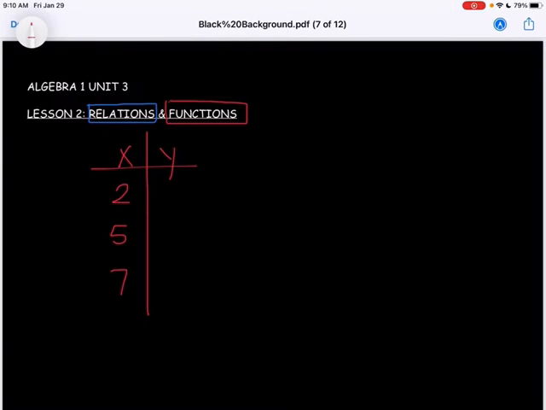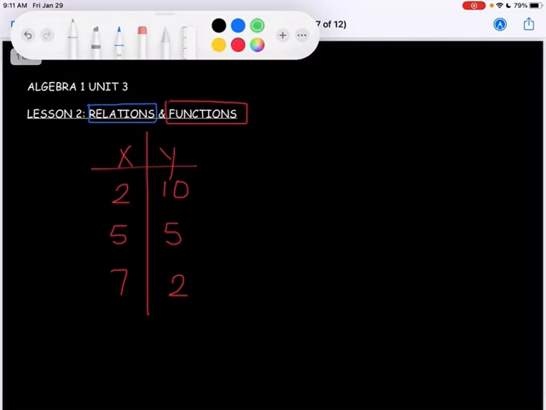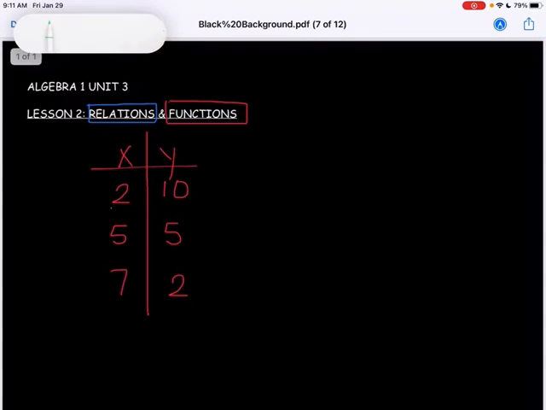Let's say that 2 matches up with the y value of 10, 5 goes to 5, and 7 goes to 2. Let's say this is our relation that we're given and we're asked to see if this is a function. What I tell my students is, if there's any repeated x, you need to look at those. But in this case, none of the x's are repeated. So you automatically know that this is a function.